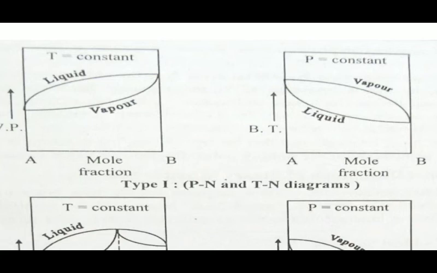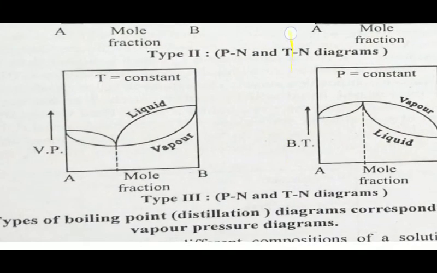Therefore, in the boiling point diagram, the boiling point of A is highest and that of B is lowest, while the boiling points of all compositions of A and B lie in between the two. The decrease in boiling point with composition is continuous as we move from pure A to pure B. Similar explanation can be offered for type second and type third.